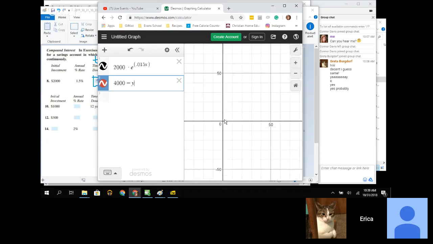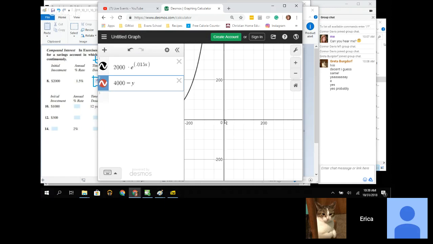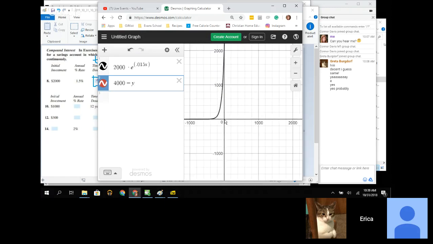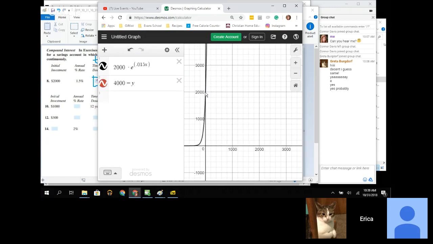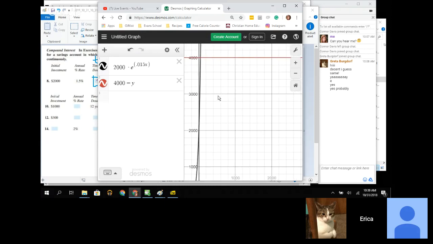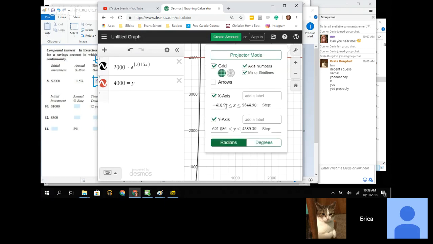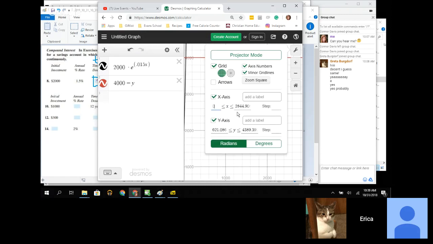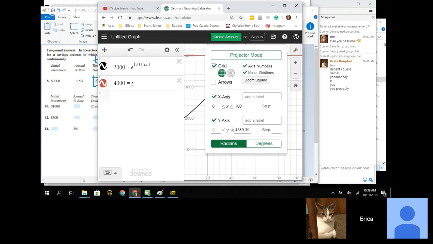I'm going to need to zoom way out, because my initial amount is $2,000. I need to set my window better. My x-axis needs to go between like 0 and 100 years, and my y-axis can go between 0 and 5,000.